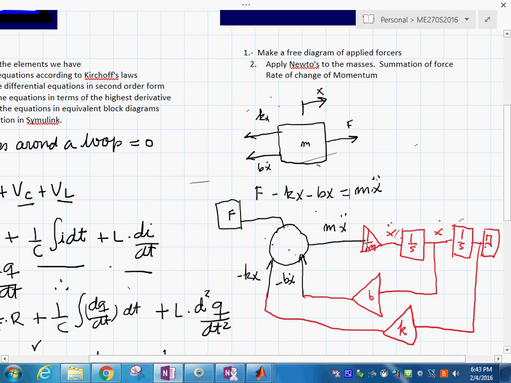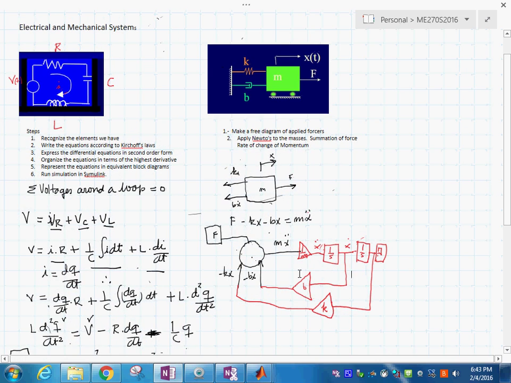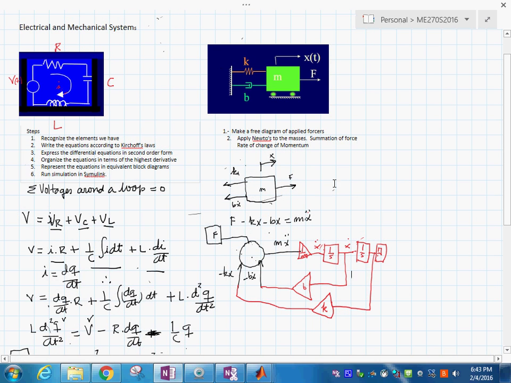To summarize, you have a set of steps for the electrical system, and a set of steps for the mechanical system.